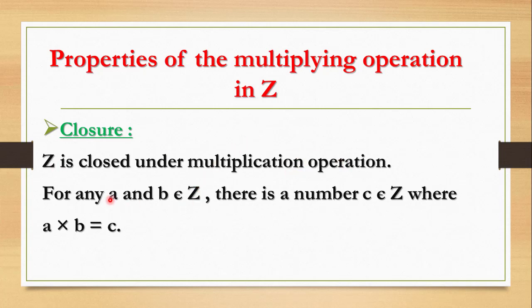If you have two numbers A and B that belong to Z, then the result will also be in Z. So if A and B are integers, the result of multiplication between A and B is also an integer. And multiplication is always possible in Z.